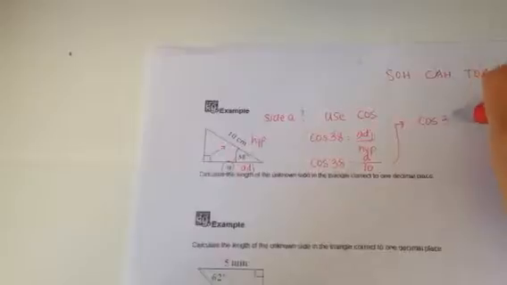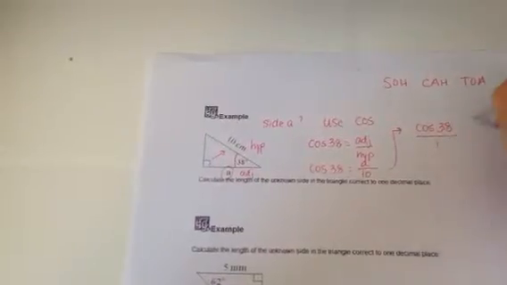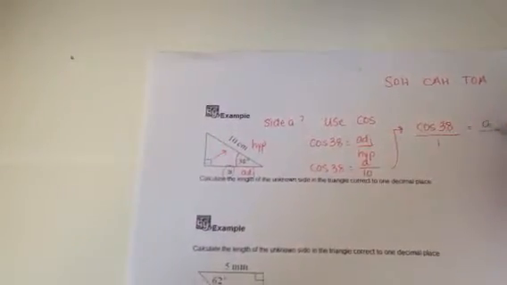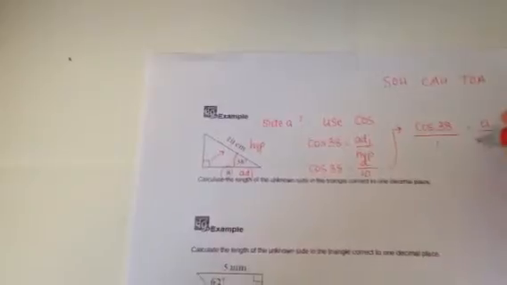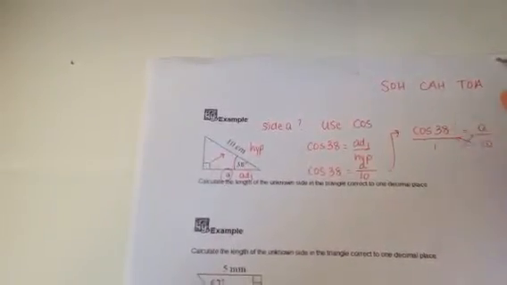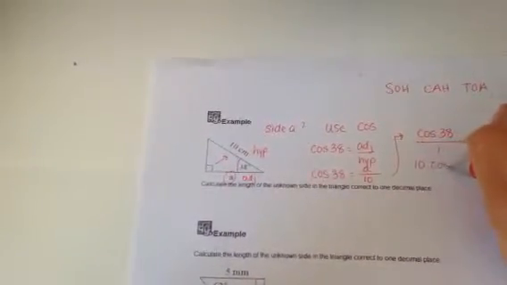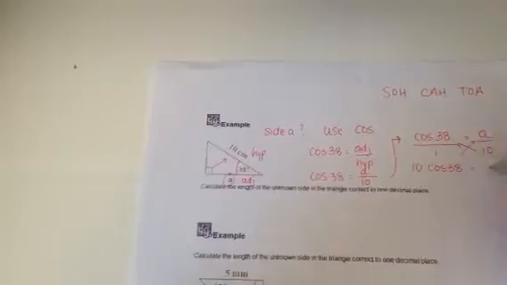You can change cos 38 also to a ratio. It'll just be cos 38 over 1, and this is A over 10. We're going to cross multiply these two things. We're going to bring the 10 up over here, so it's going to be 10 times cos 38 is equal to A times 1, which is just A.